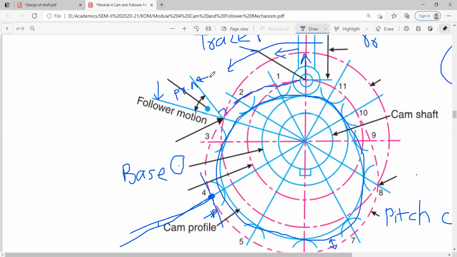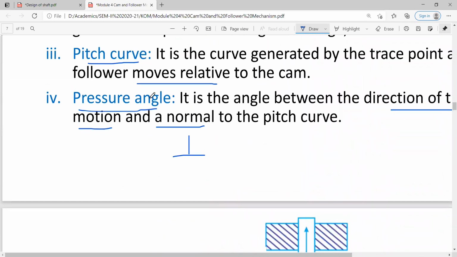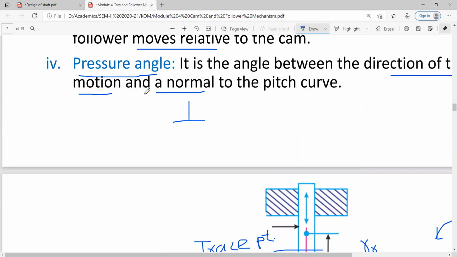So you have to keep this pressure angle within limits if you want to freely operate the cam and follower, and it will again depend on the geometry of the cam surface. So that is about the pressure angle.